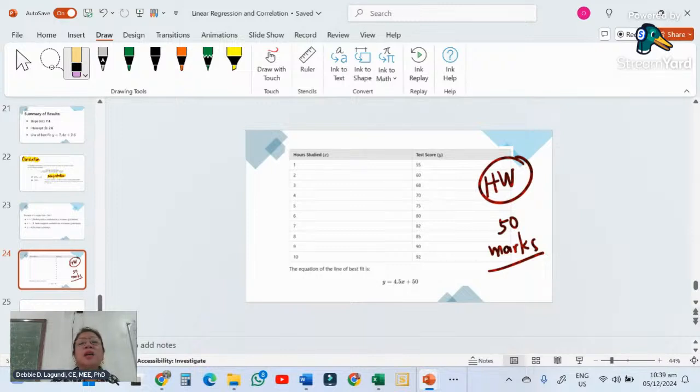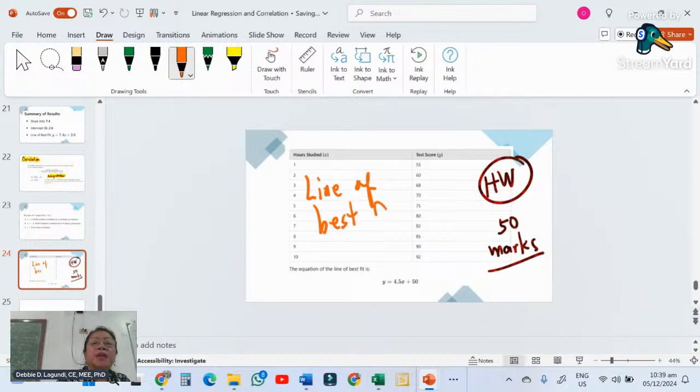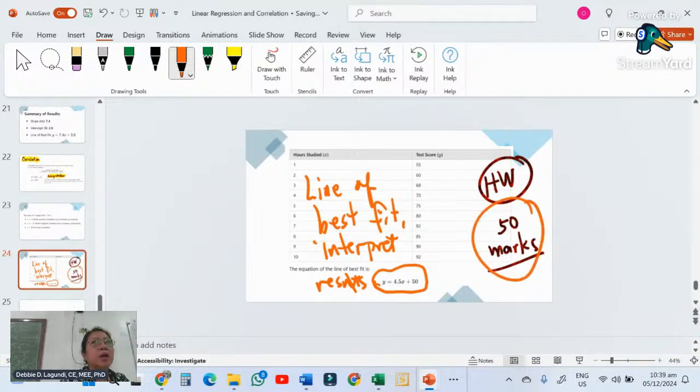I want you to draw the line of best fit and then interpret the results. Okay? So that is your homework, please. You have the equation of y equals 4.5x plus 50. You must get this value from your calculation. We will mark this when we come back next week.